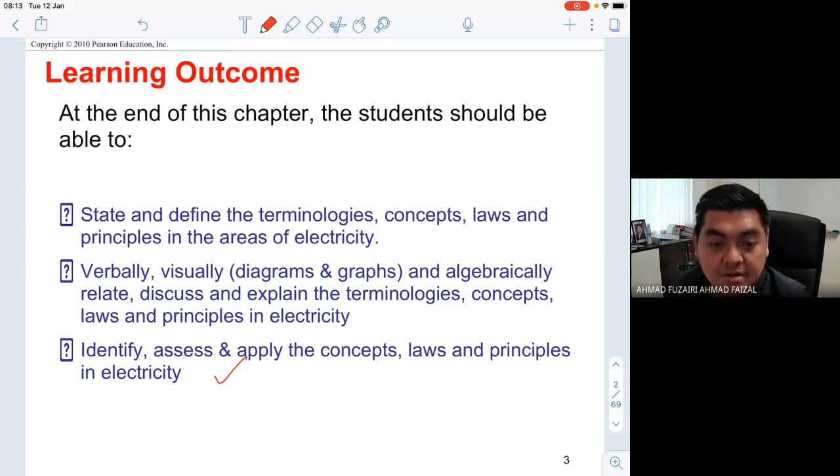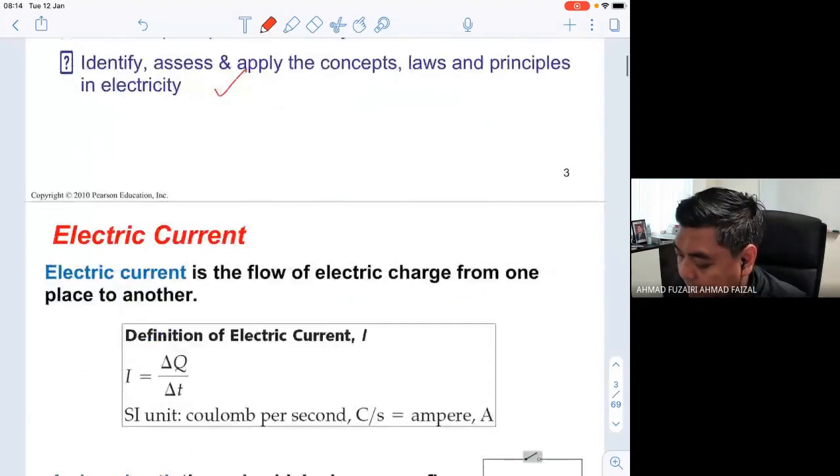We can see a lot of verbs here: we can define, identify, assess, and apply the concepts of what we learned before, so we can come to conclusions, right?